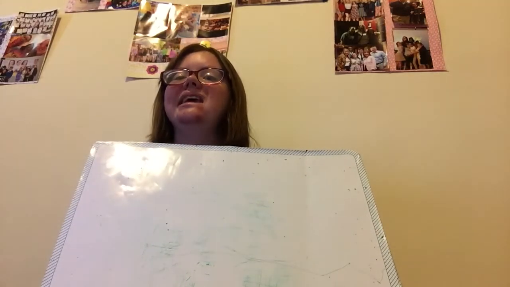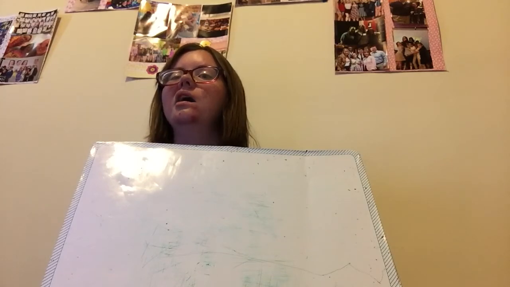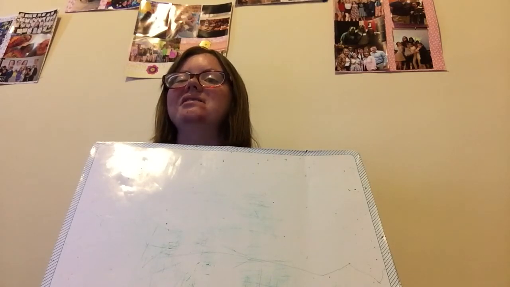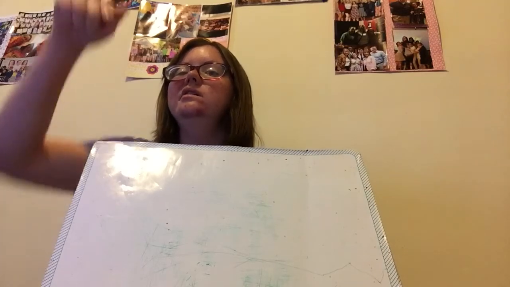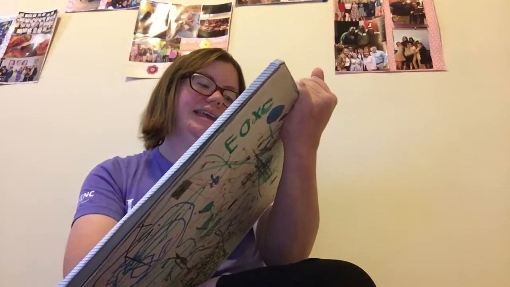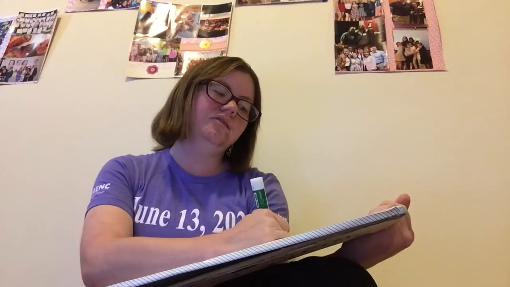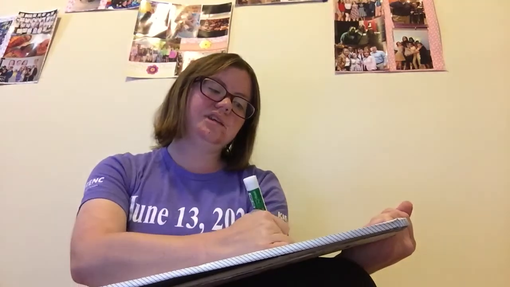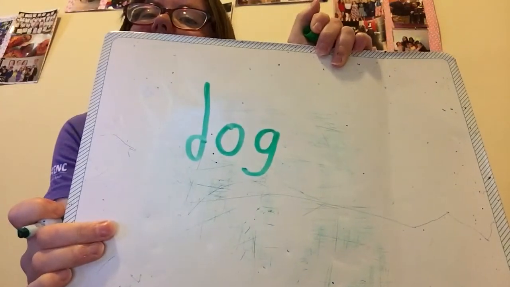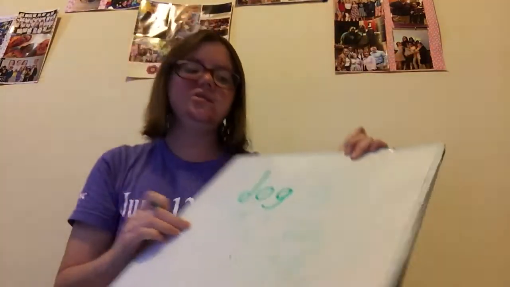If I say the word dog, I hear 3 sounds. I hear D, and I know that's the letter D. I hear ah, and I know that's the letter O. And I hear G, and I know that's the letter G. So dog is spelled D-O-G.